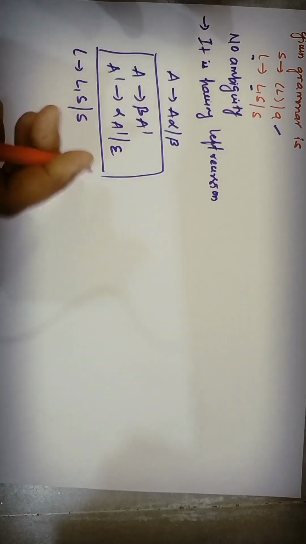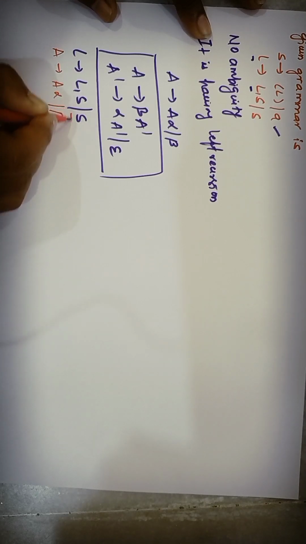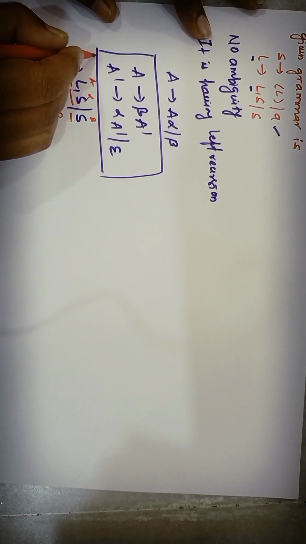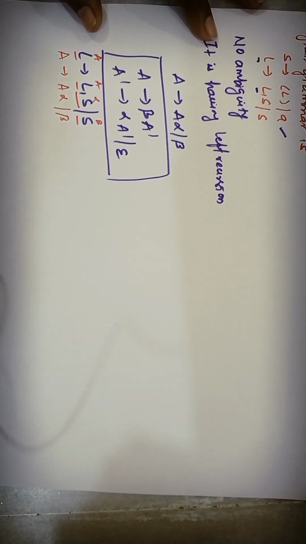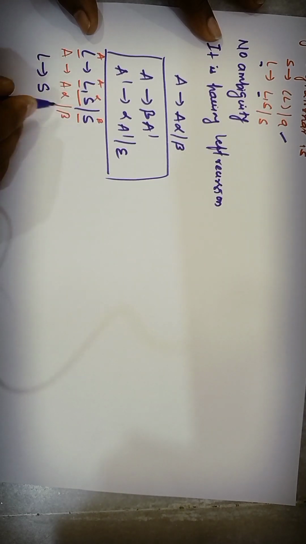So we have to compare with A tends to A alpha or beta. Assume this is beta, this is alpha, and this is A. It is going to generate two different productions. A means L, so L tends to beta, beta means S, followed by a new non-terminal L dash.